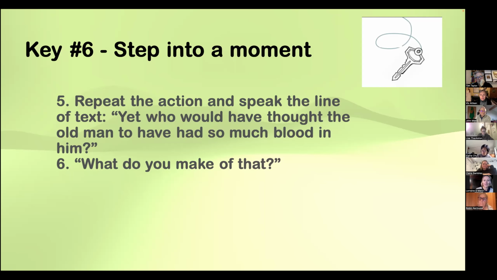Right. And it's so prosaic as a line. That's the gasp almost, because you're just going, oh, who would have thought it would have taken this long for the bus to come? Right. And then you get old man and so much blood in him. It's just insane. It's just such a punch.